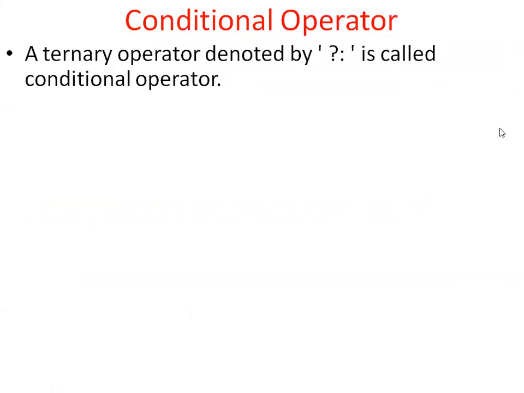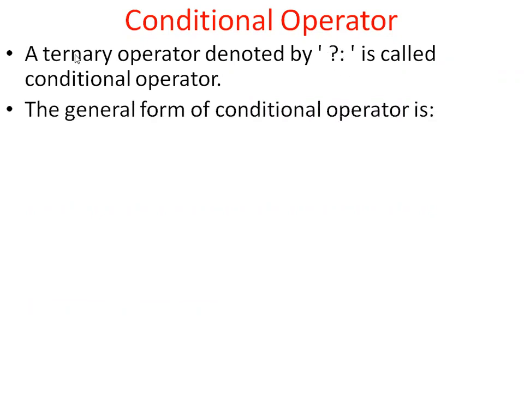A ternary operator denoted by a question mark followed by a colon is called a conditional operator. This is the symbol used for the conditional operator. So it is a ternary operator, that means it requires three operands.